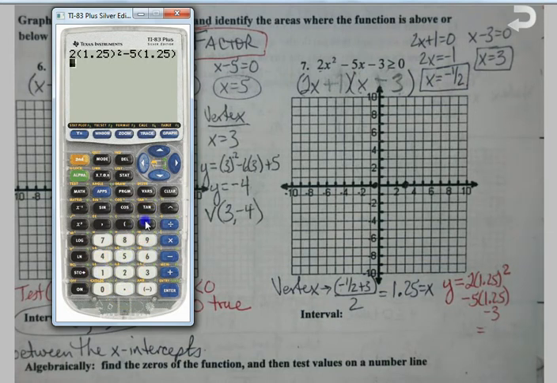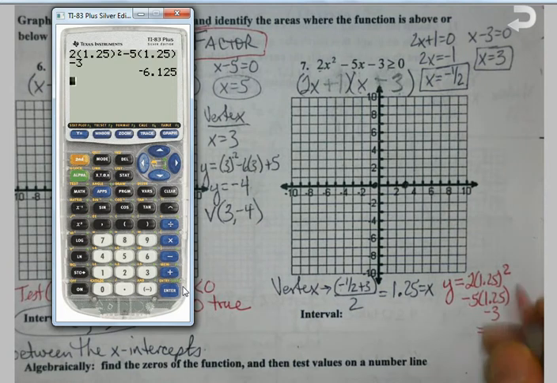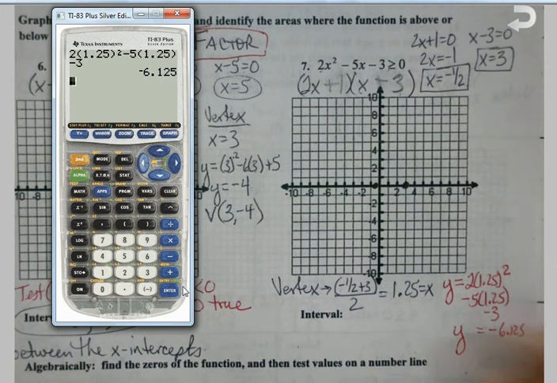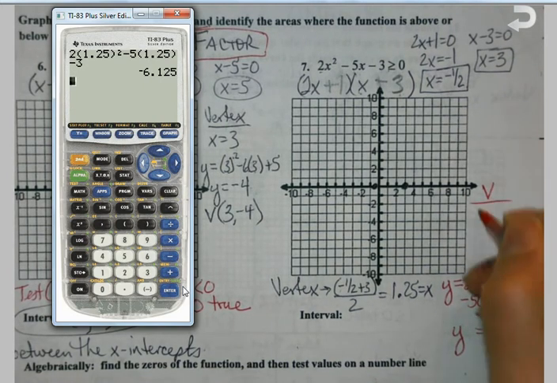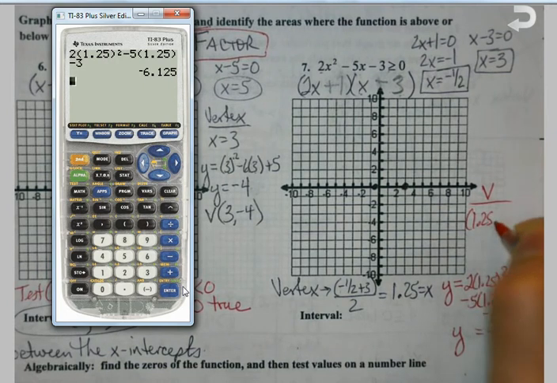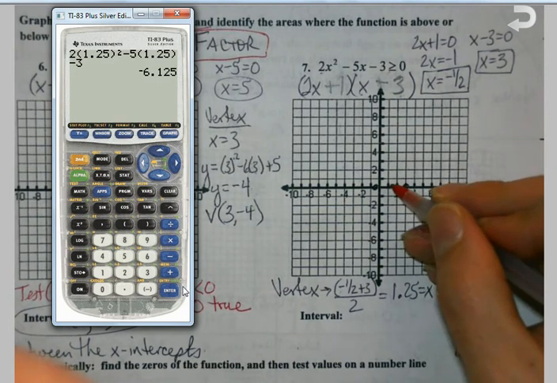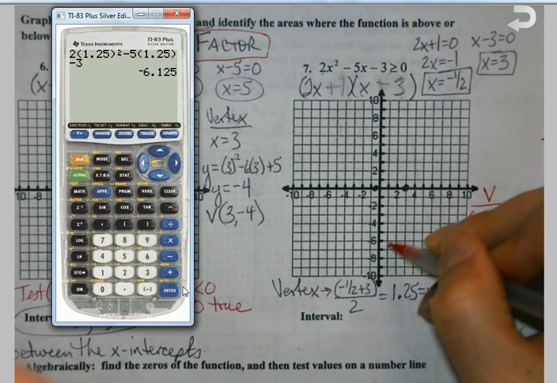And again, I can do this in a regular calculator, I just happen to have this one up. Now, did I type everything in right? Let's make sure. Yes. Okay. So negative 6.125. So my vertex, one of the prettier ones we've seen, is 1.25, negative 6.125. Okay, a little past 1 and a little below 6.